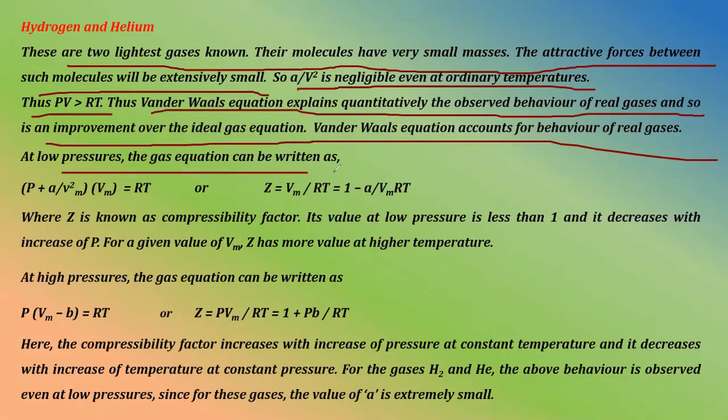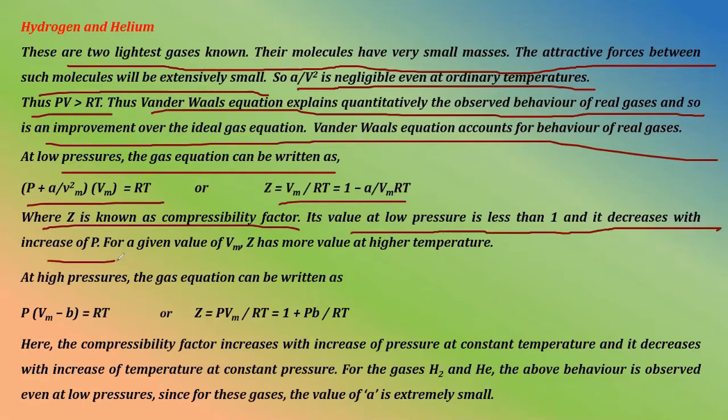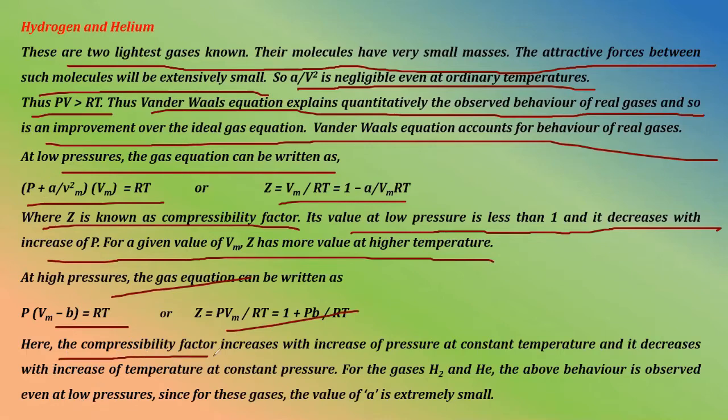At low pressure, the gas equation is written like this. Z is the compressibility factor. We already know its value at lower pressure is less than 1. It decreases with increase of P for a given temperature, and Z has a higher value for higher temperature. And at high pressure, Z = 1 + bP/RT, so common expressions are coming. Here the compressibility factor increases with increase in pressure at constant temperature, and decreases with increase in temperature.